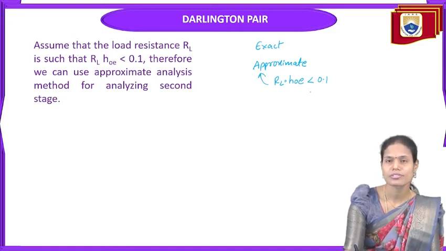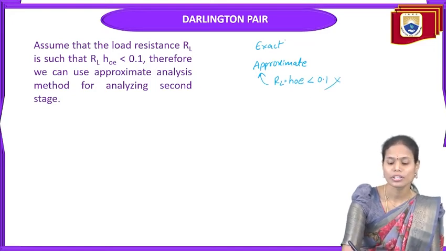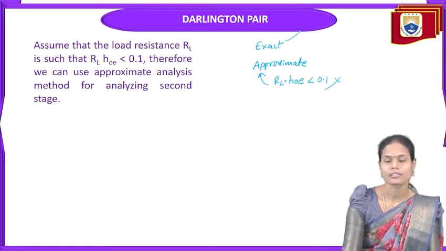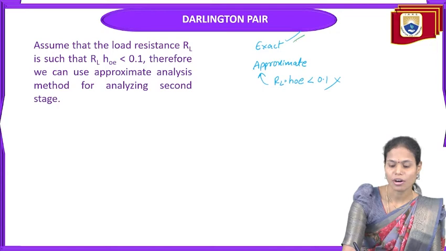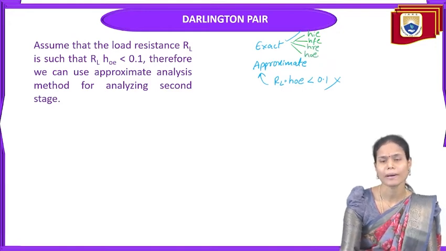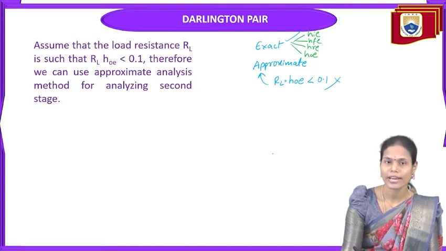If this particular condition is not satisfied, then we need to go with the exact analysis of the hybrid circuit. In the case of exact analysis, we will take all the parameters, that is input impedance, forward current gain, reverse voltage gain and output admittance. All the parameters we are going to consider to do the analysis in the exact model.